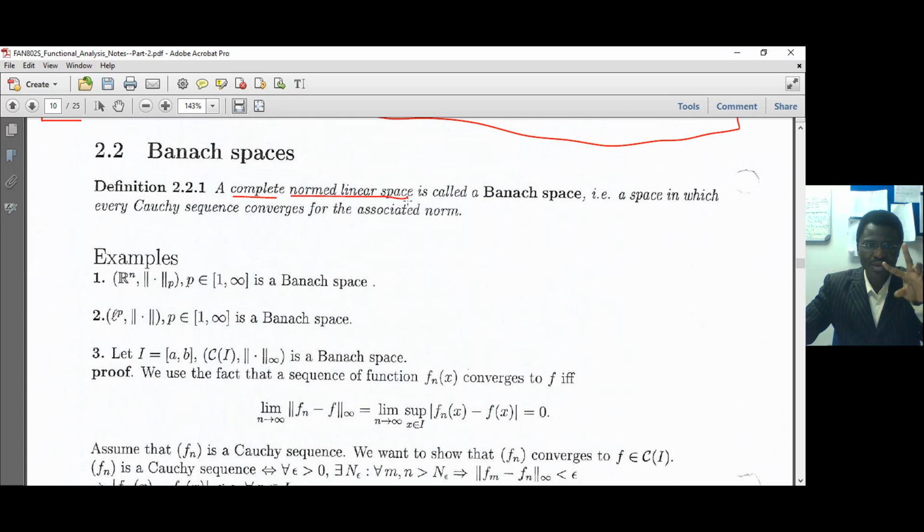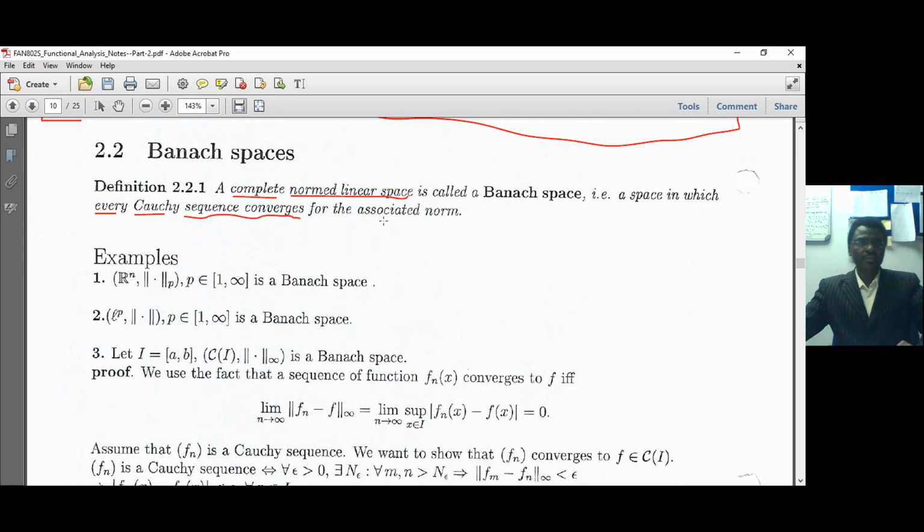Because you'll be adding two elements, so the space has to be stable by addition and scalar multiplication. So it has to be a linear space. Complete normed space. Full stop. It's a Banach space. That is a space in which every Cauchy sequence converges. Every.